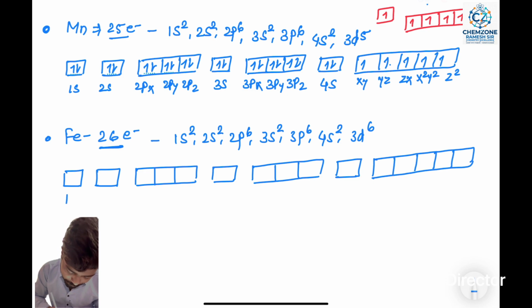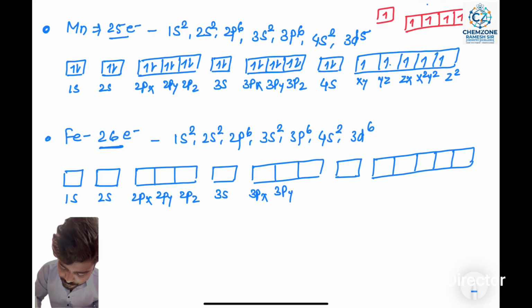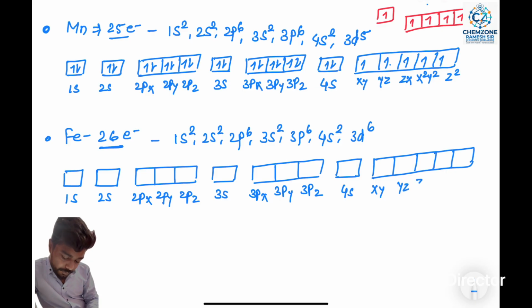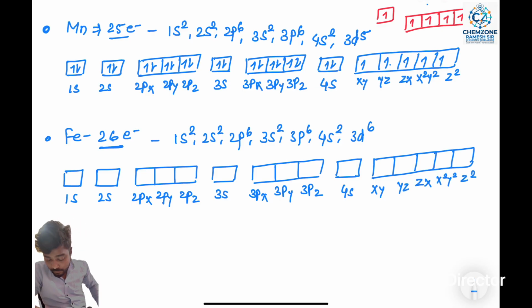Okay, so I mentioned the names: 1s, 2s, 2px, 2py, 2pz, and 3s, 3px, 3py, 3pz, and 4s, xy, yz, and zx, x square, y square, last one is z square. Okay, that is the electronic configuration of iron, and this one is very important for the entrance exam.